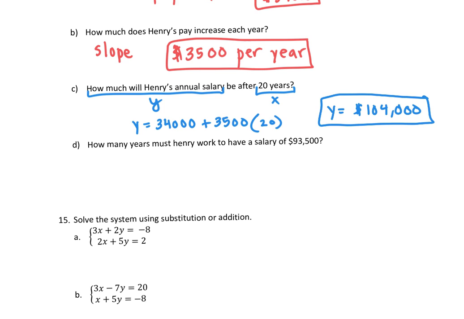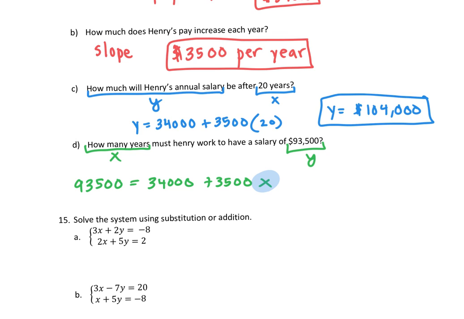All right, and then the last thing is, how many years must Henry work to have a salary of $93,500? So how many years? That's actually our x, and we are given the y, or the f of x. So we know our y is 93,500, and that's 34,000 plus 3,500 times x. And x is what we are going to try and find there.